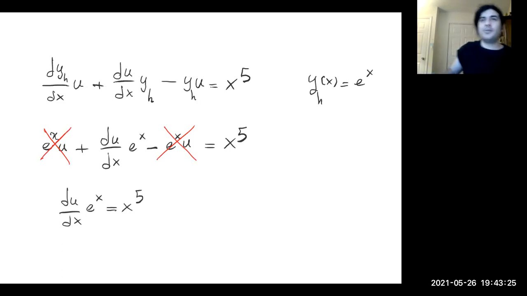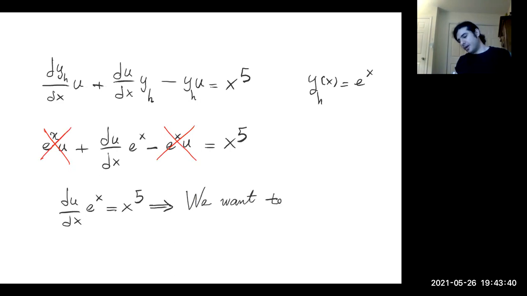Now I understand why you say it's long. That's because of the number 5. So now we need to find, what are we doing? We want to find u. So we separate that.